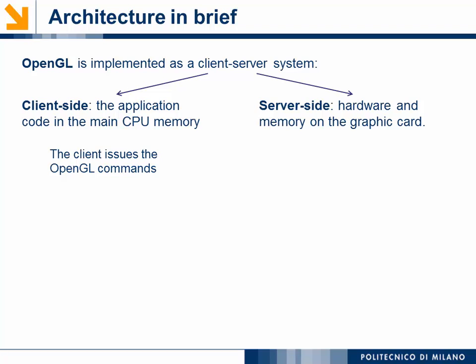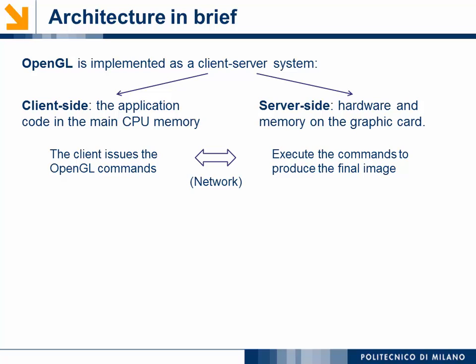Usually the client issues OpenGL commands which are executed in order to provide the final image. And sometimes this communication can happen through a network. This is the situation where you have a thin client and you just receive the final image from an external renderer.